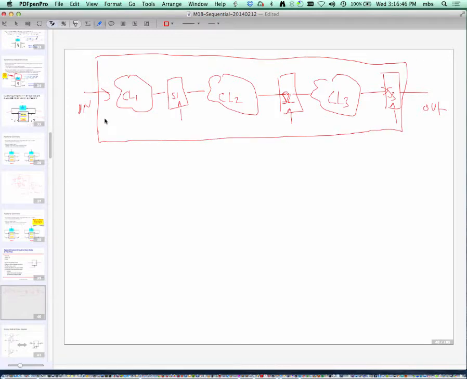Okay, so this is a pipeline system. Is it Moore mode? It's Moore, right? The output does not depend upon the input.